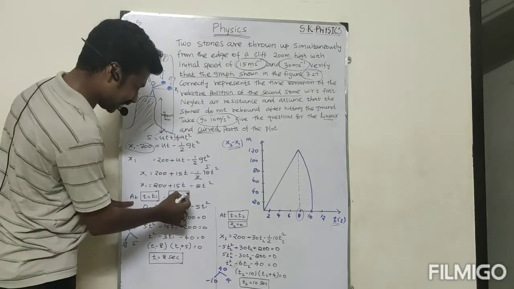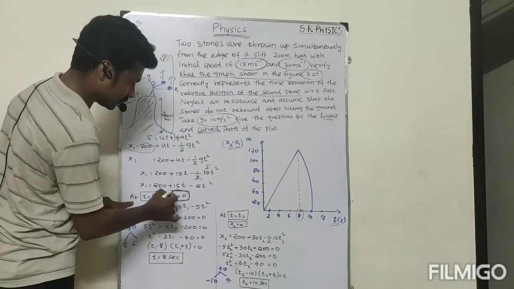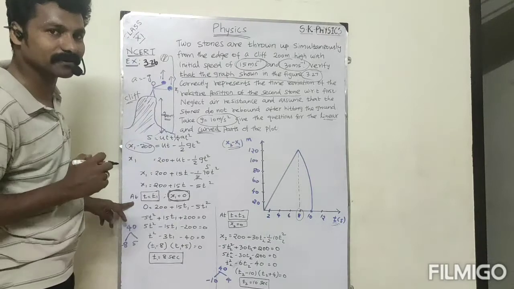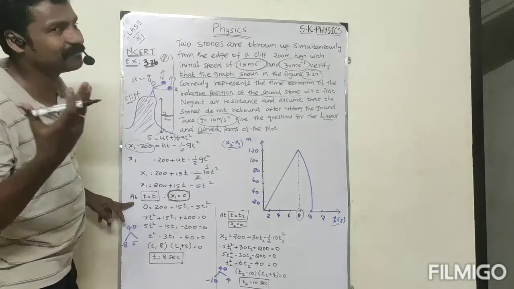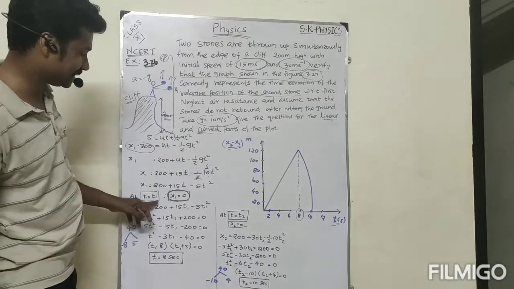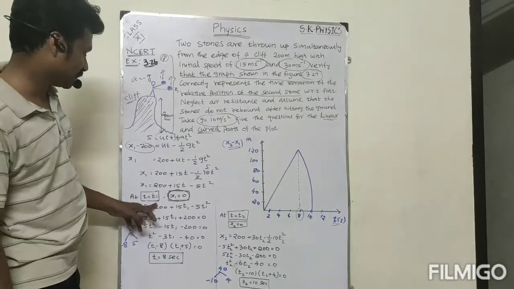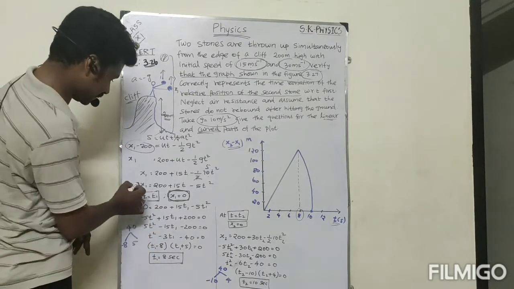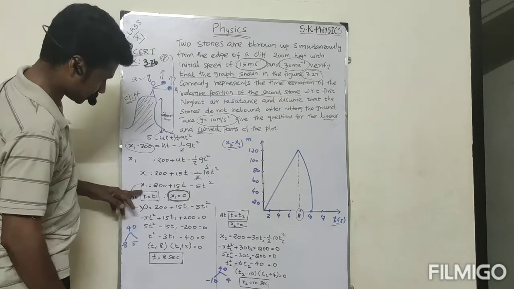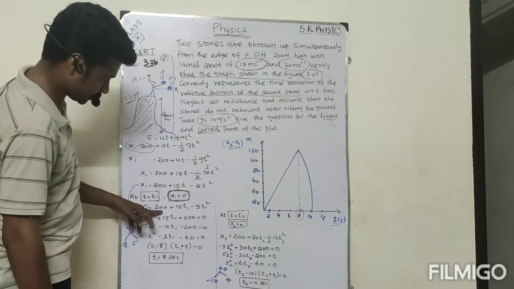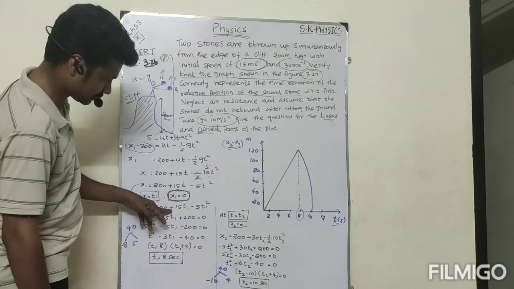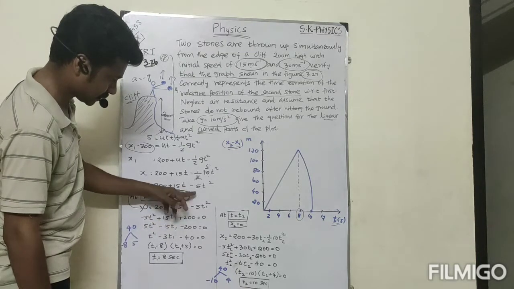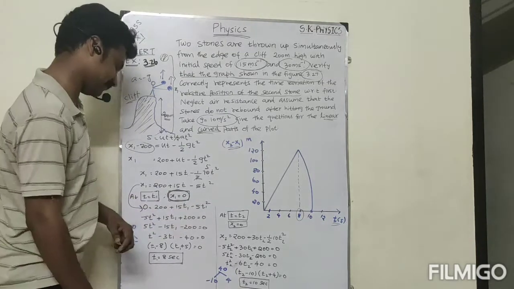So when x is equal to 0, after some time, the time I don't know, let's take t equal to t1. So I can write this equation: x1 is 0, 200 plus 15t1 minus 5t1 square.